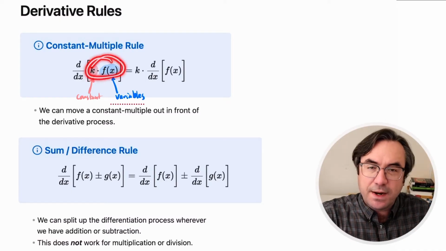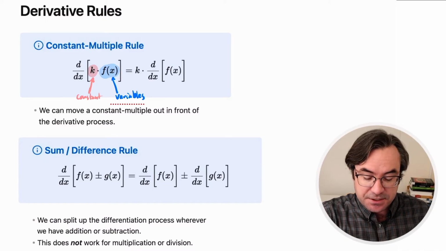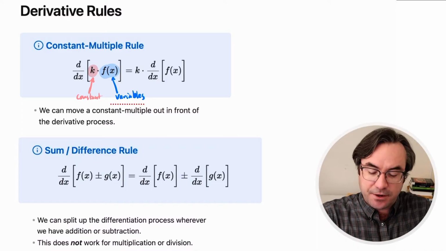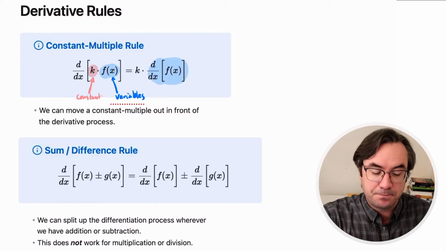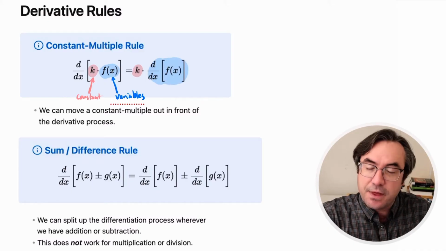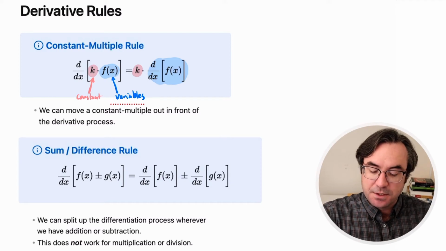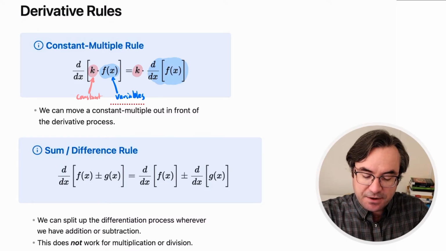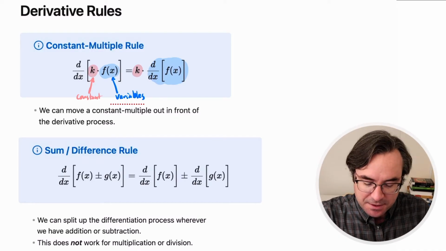Well, we want to differentiate this whole thing. What this rule says is we can first focus in on getting the derivative of just the variable part. And then that constant multiple that was in front just stays in front. So the derivative works nicely with constant multiples. The constant multiple just gets bypassed. We just gloss over it.